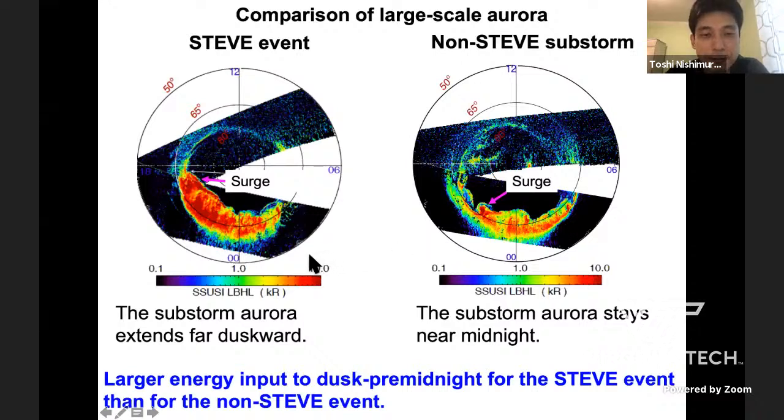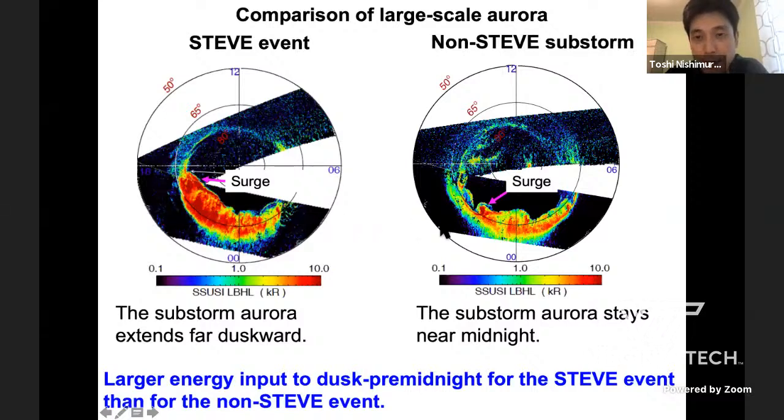This is a SSUSI perspective of the two events. So we saw in the all-sky camera data that the substorm surge extended far away from midnight for the STEVE events. We saw the exact same thing in SSUSI UV images. So the surge has extended almost to the dusk, and lots of energy is dumped to the STEVE occurrence region, which is right around here.